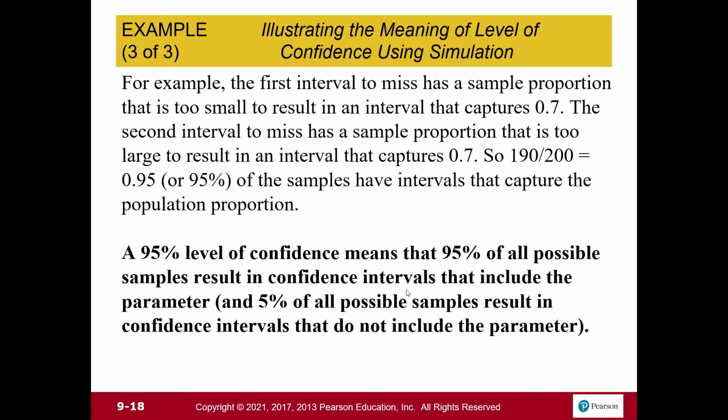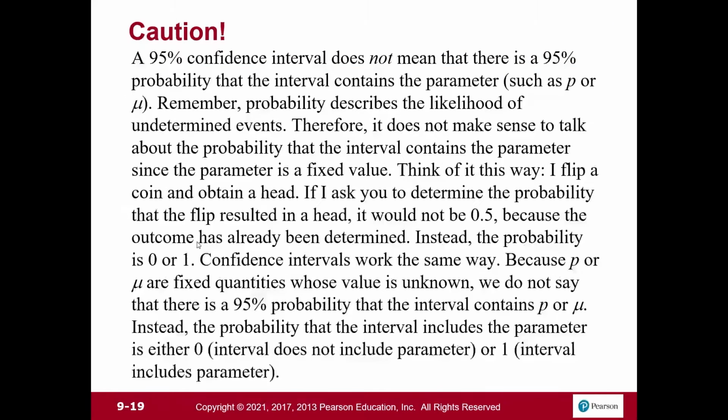Sometimes one may think that a 95% confidence interval means that the confidence interval will capture the true population proportion 95% of the time. And that's just not what it means.